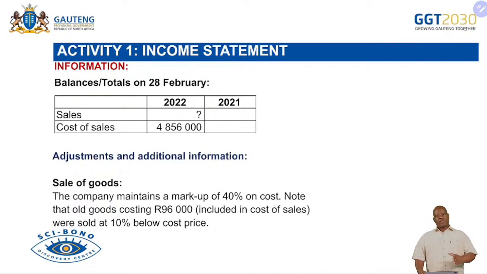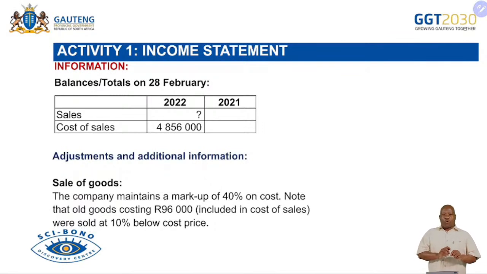Oh, check here. Sometimes we have goods which we are failing to sell, and to take them out, we may decide to accept a loss. And that's what this business is doing. They are saying, in that cost of sales, there are two components. Goods that were marked up by 40%. And there were also goods that were marked down by 10%. So for us to find our sales, we need to separate the two. That's the only way. So we take 4,856,000.